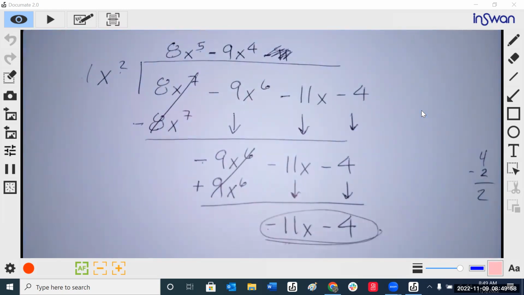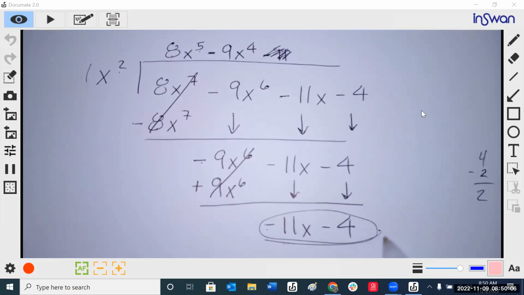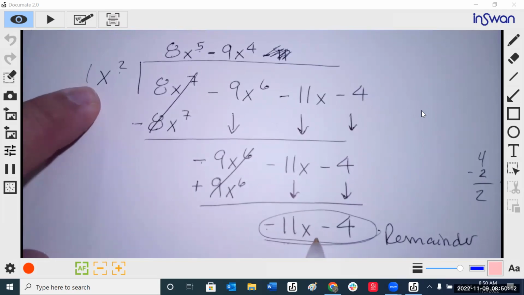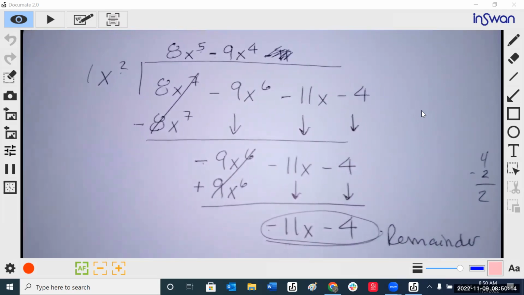This is our remainder. Because if the divisor doesn't fit in the remainder, or what was left, that's it.